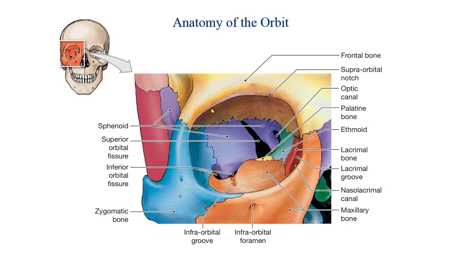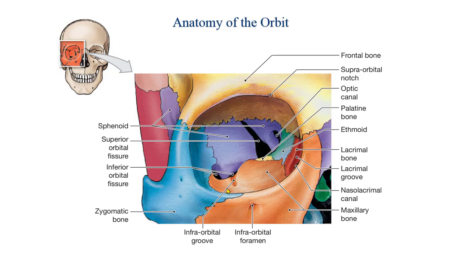Beginning at the top or the superior aspect, the orbit is formed by the frontal bone. So the frontal bone forms the superior surface or roof of the orbital cavity. Moving clockwise, here is the maxilla, which contributes to much of the anterior facial skeleton as well as the inferomedial part of the orbit.